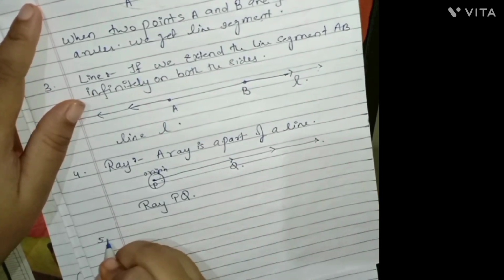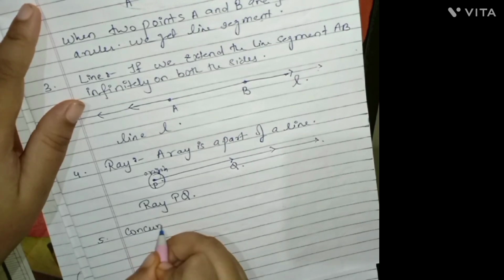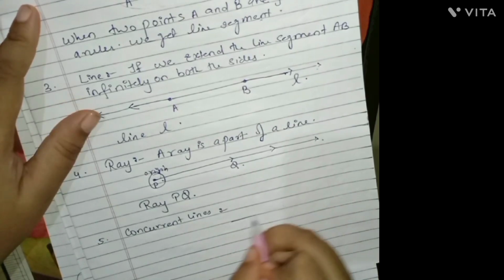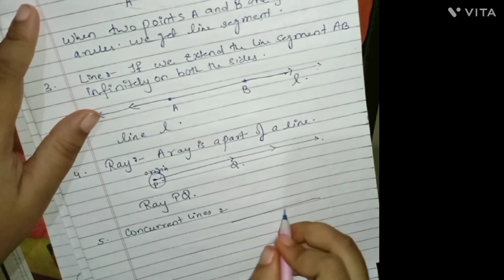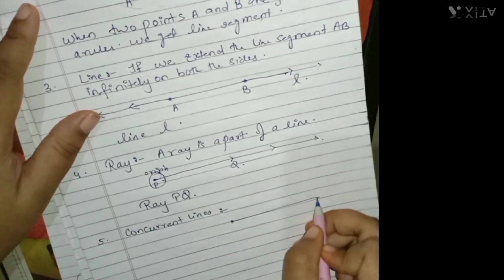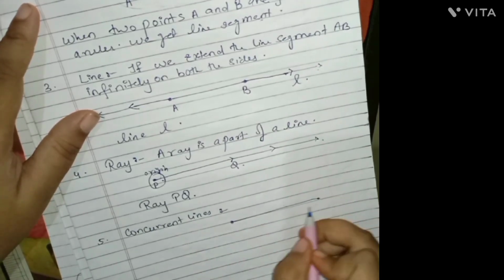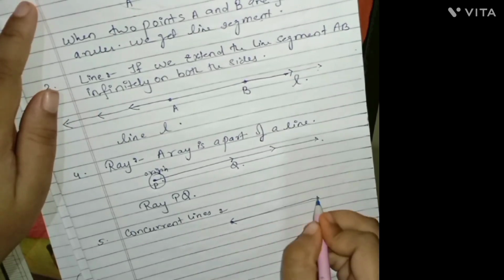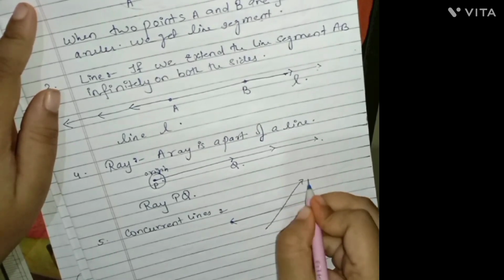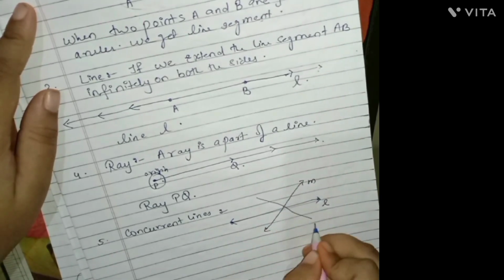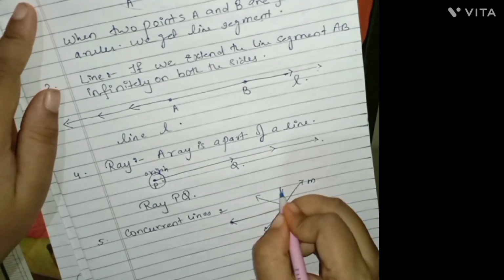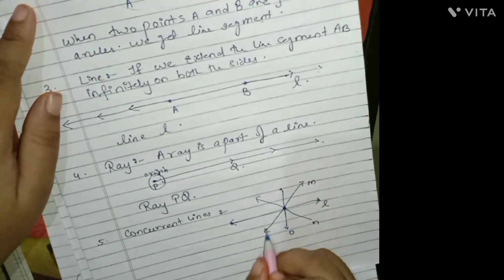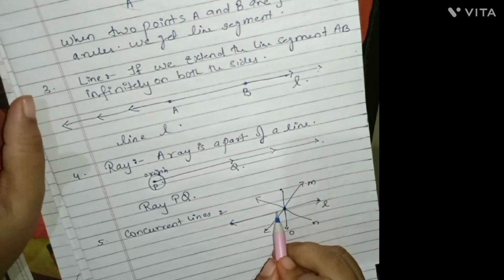Now the fifth one is concurrent lines. When 3 or 4 lines intersect at the same point, they are concurrent. This is one line L, another line M, another line N, another line O, and all four lines intersect at one point.